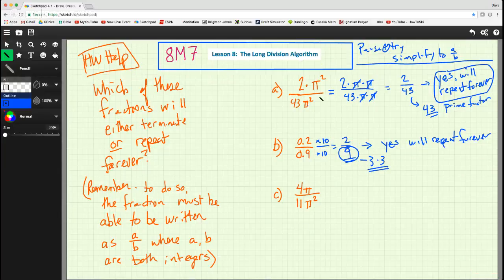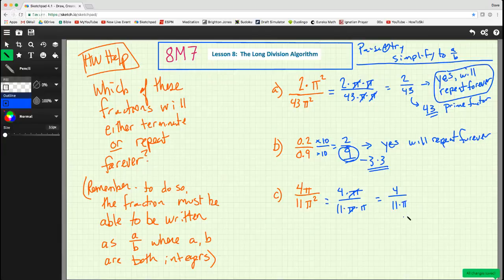Well, it looks like it actually could be written as the ratio of 2 integers. So let's see if this one can. 4 times pi over 11 times pi times pi. Well, we can cancel this pi and this pi, but we end up with 4 over 11 times pi.